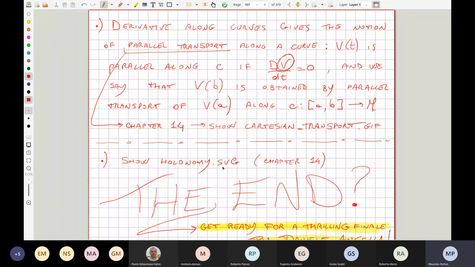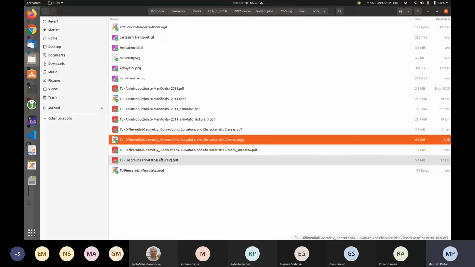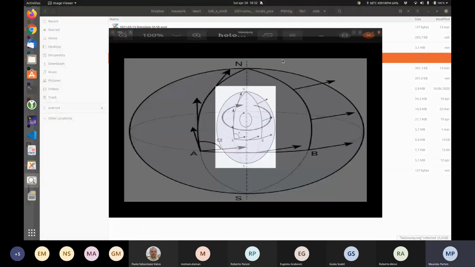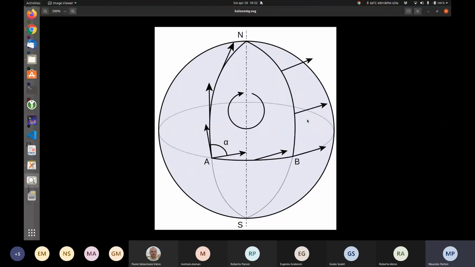showing you something very surprising, which gives rise to a completely new notion that is the holonomy of the Riemannian manifold. And for this, I need to show you just a picture that is this one, and then we are finished.